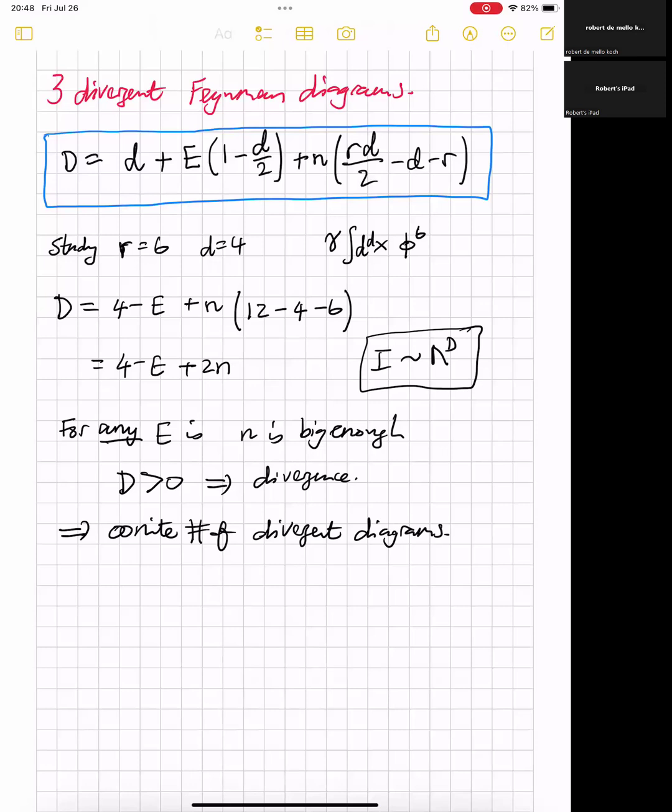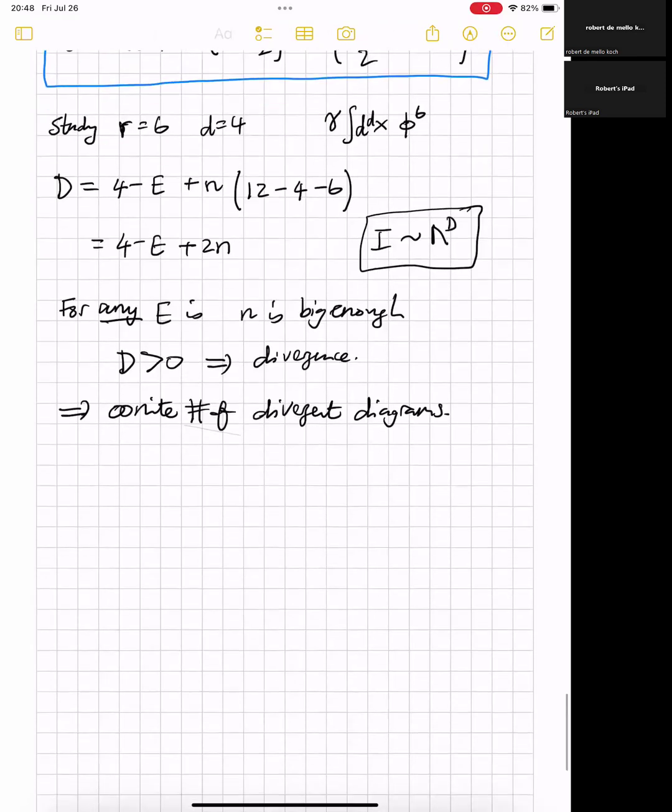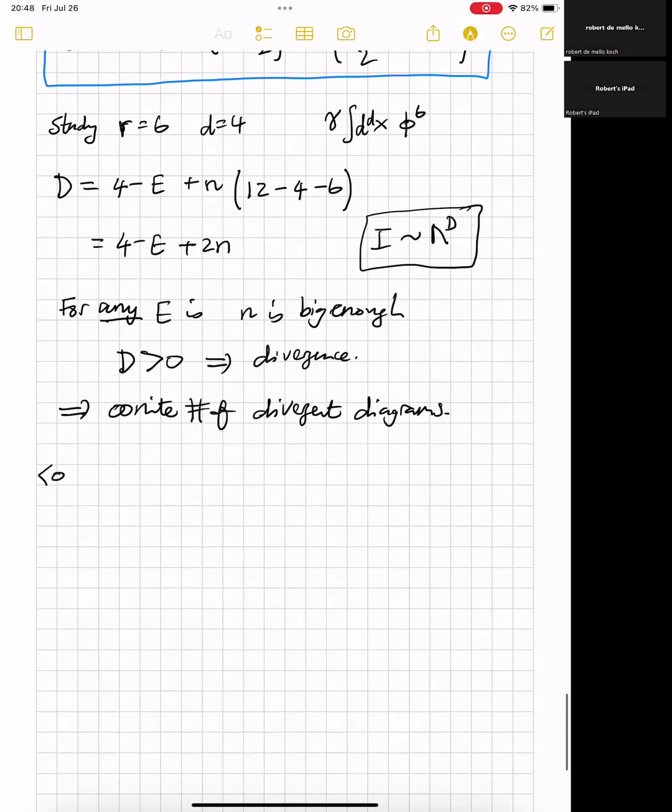Remember that when we had phi to the 6 in phi 4, the only new kinds of diagrams that we could draw were stuff like this, and that wasn't a new divergence. But for phi to the 6 in this theory, we can have stuff like this.